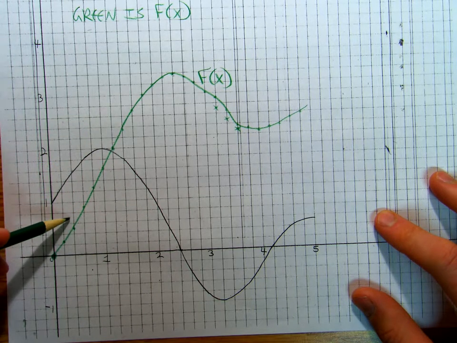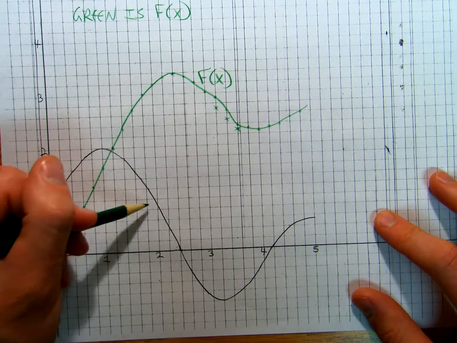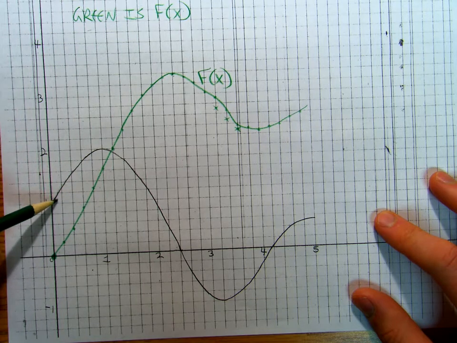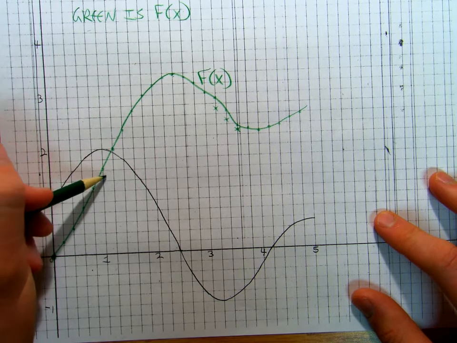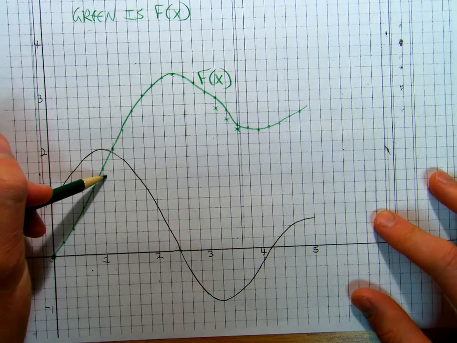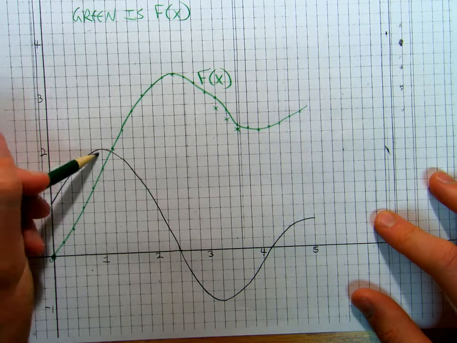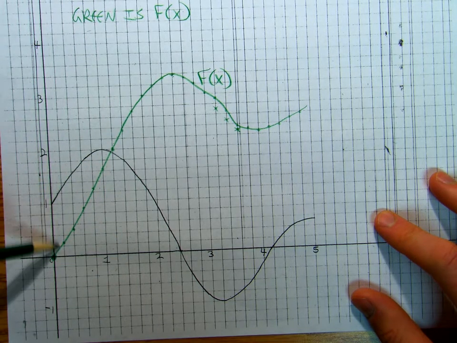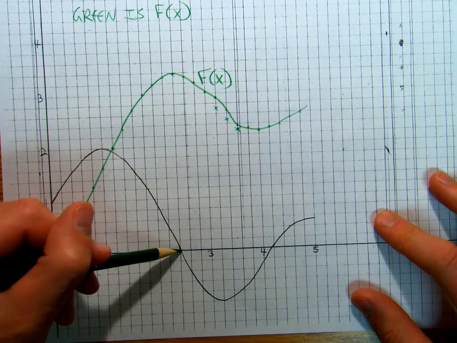That's each box as 1 unit. So it's a little bit less than 3.5.